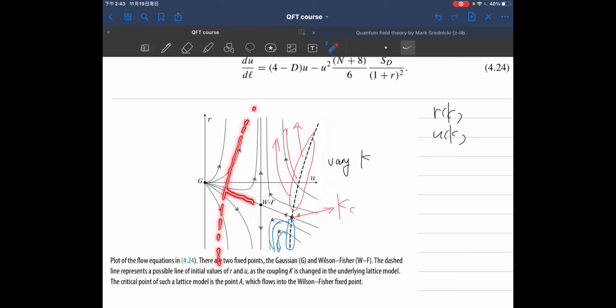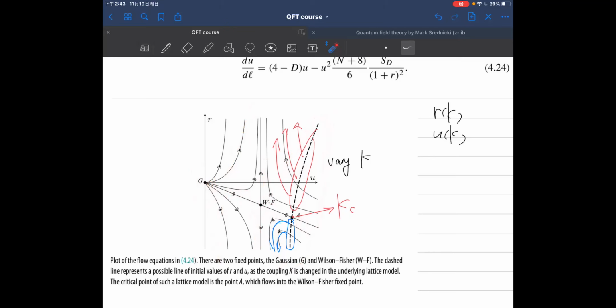You see that it will also go to the WF fixed point. And the most important thing is that the Gaussian fixed point is quite unstable, and this one is quasi stable. So this fixed point is actually the phase transition. The phase transition actually happens at this point, not this point. This is the key point.